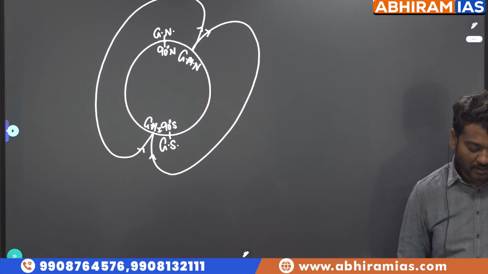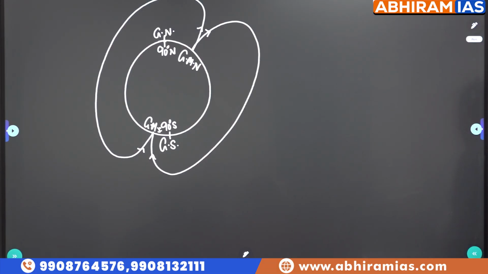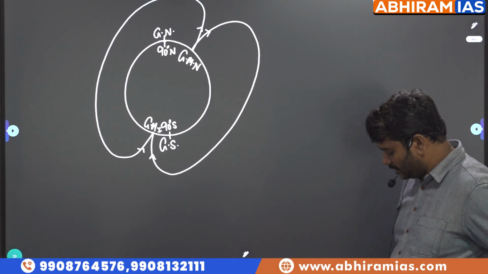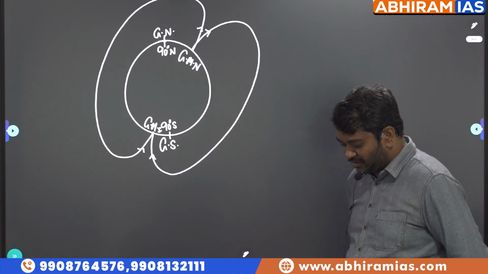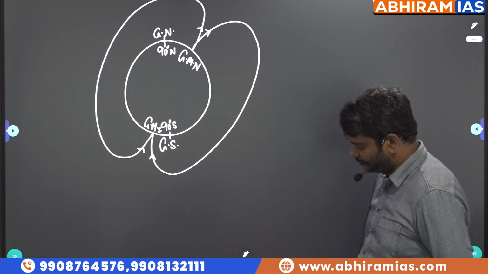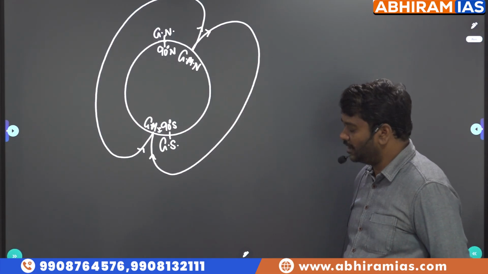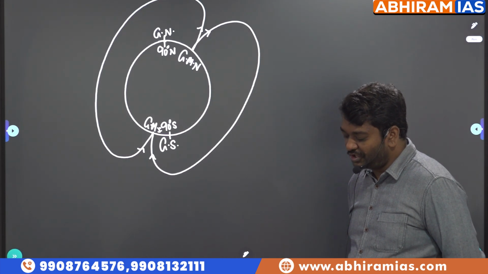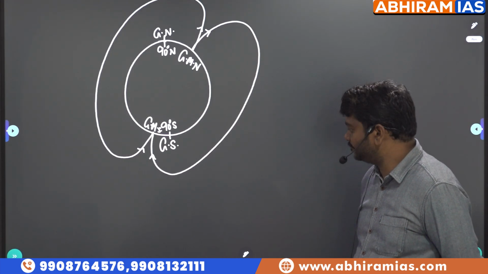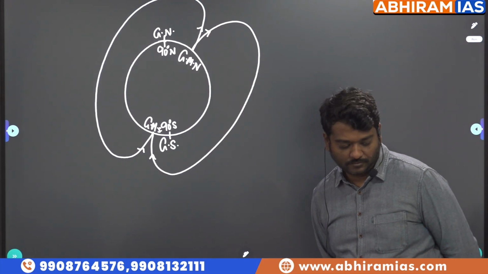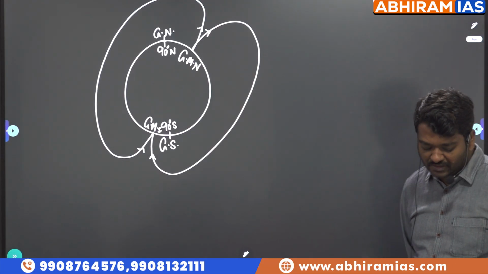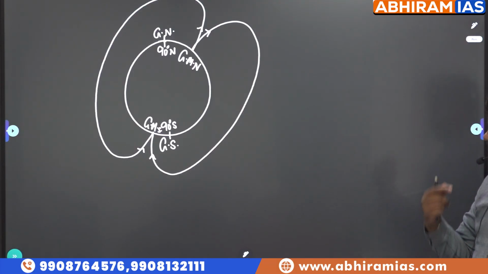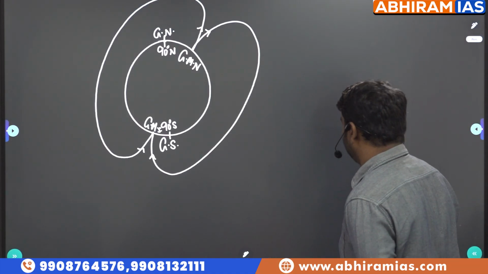Next point, geographic north and south is fixed, whereas geomagnetic north and south, magnetic north and south, shifts. Are you getting the point? Yes.